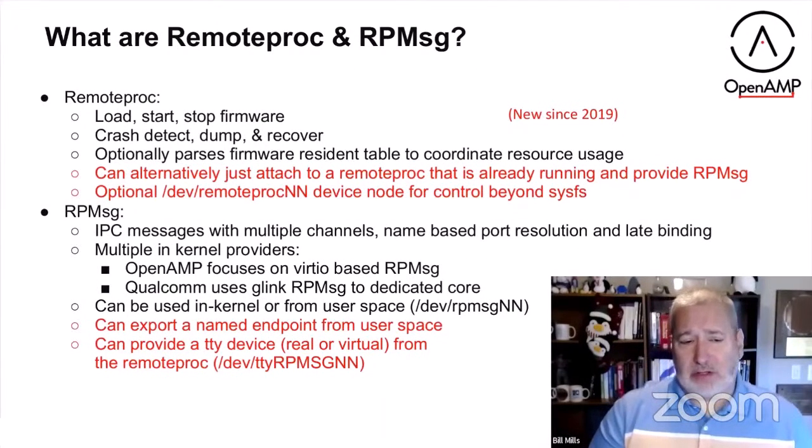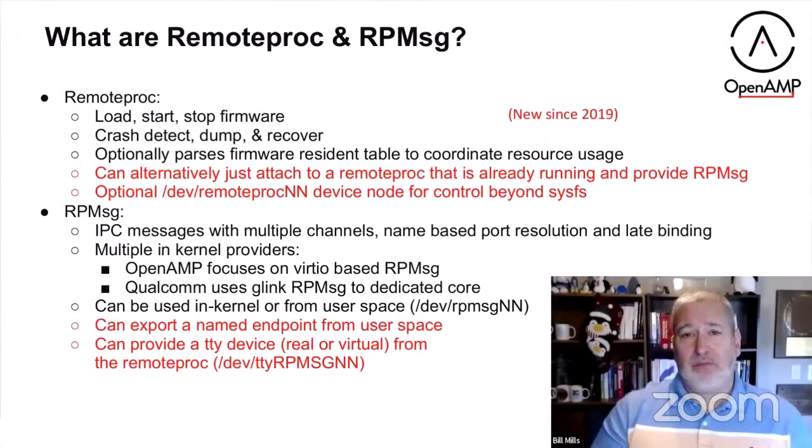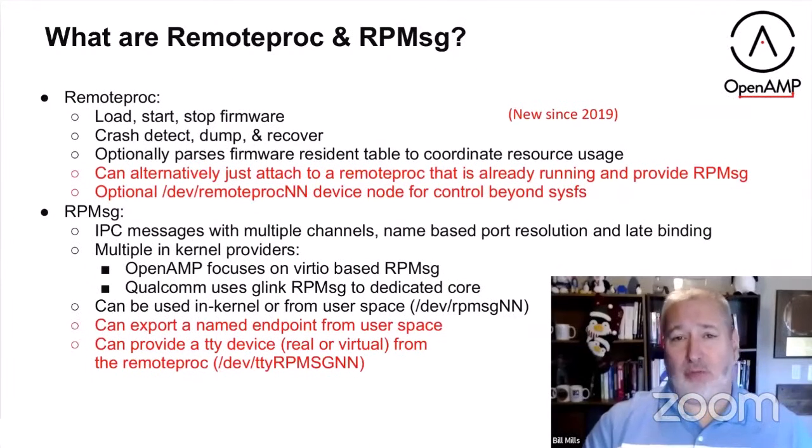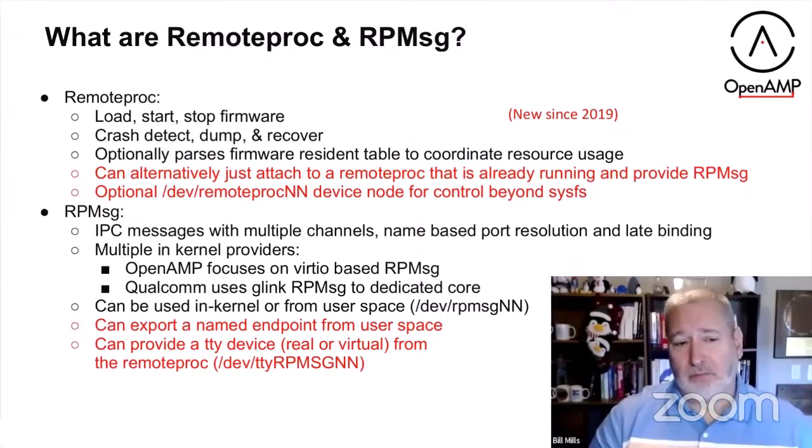So rpmsg, fundamentally, is just an IPC mechanism. It's a multiplexing layer, just like TCP or UDP is. So it has multiple port numbers. And then it has name-based port resolution. So you can do a name announcement, and that name announcement will associate a port number with a name, so you can do late binding to the port numbers.